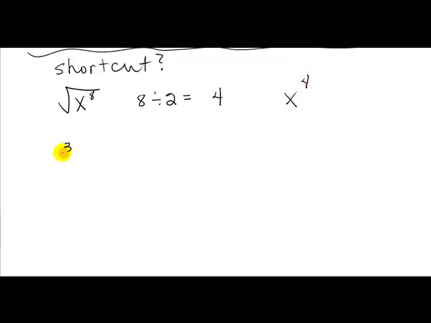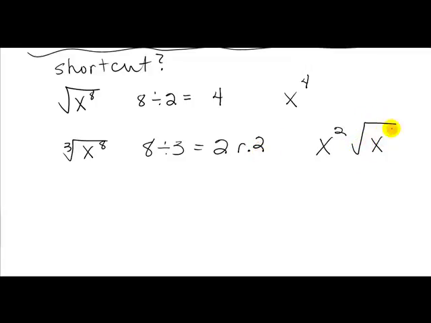When I had the cube root of x to the 8, if I divide 8 by 3, I'll get 2 with a remainder of 2. And so the first 2 is what goes on the outside, and the remainder is what goes on the inside. And we don't want to forget to put our little cube there.